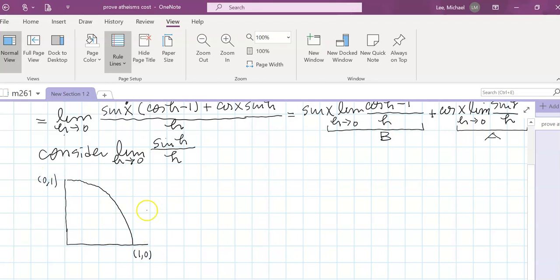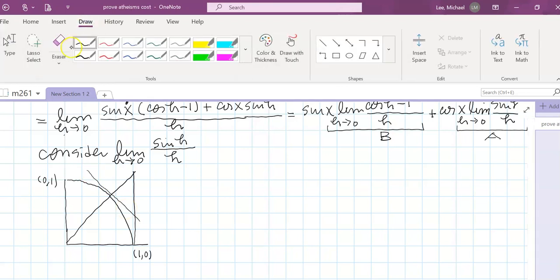And then there's some kind of sector. So I'm going to draw a tangent line there. Oops, I can draw a little better than that. Small, okay, barely touching the tangent. So this is the tangent line like this.